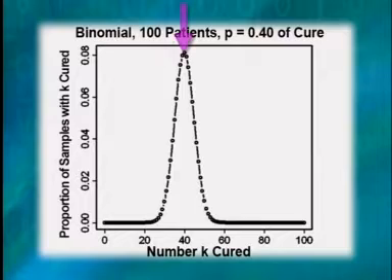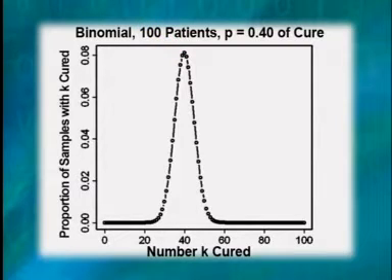Namely, we expect on average 40% of people would be cured, but occasionally many more would be cured because it's just random whether an individual is cured or not. So sometimes 50 or more would be cured, sometimes none would be cured. But this is a histogram that describes how many people we would expect to be cured under the hypothesis that the cream has no effect.